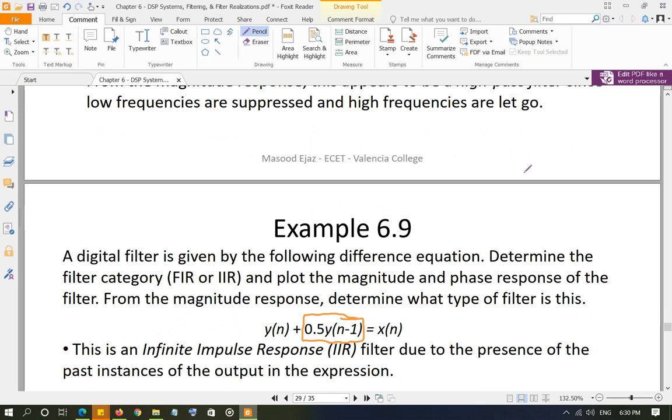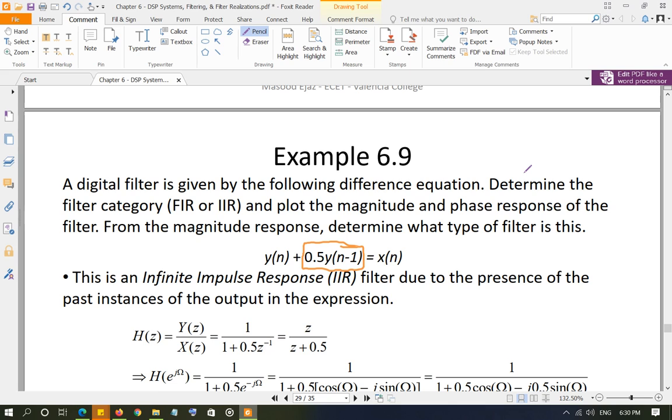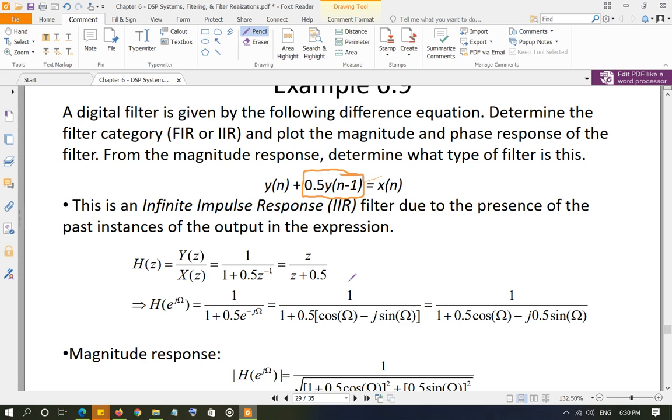Alright, next example, 6.9. Again, a difference equation is given to you, and the first thing that you observe is that you have the previous instance of y, hence it is an IIR filter, infinite impulse response filter. And from that filter, again, you are going to put down H(z). From that H(z), if you're plotting, then all you need is this.